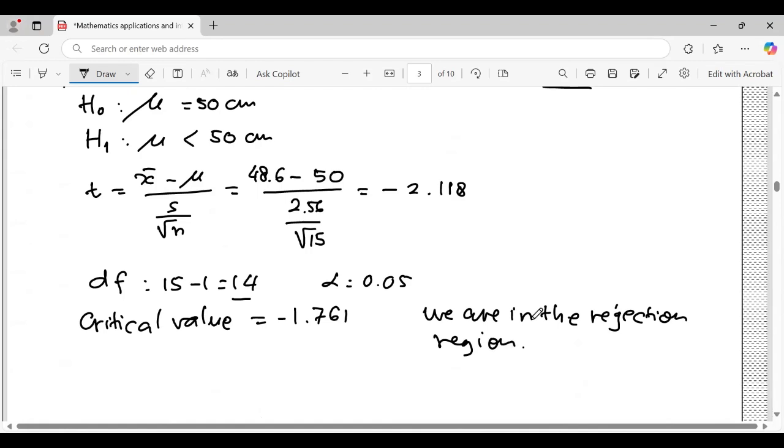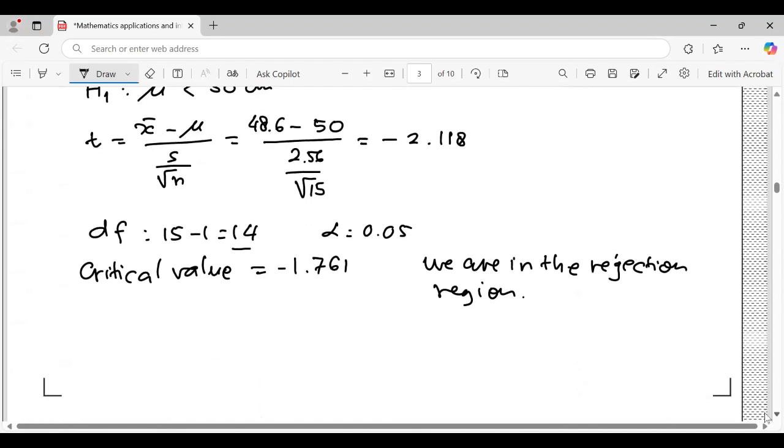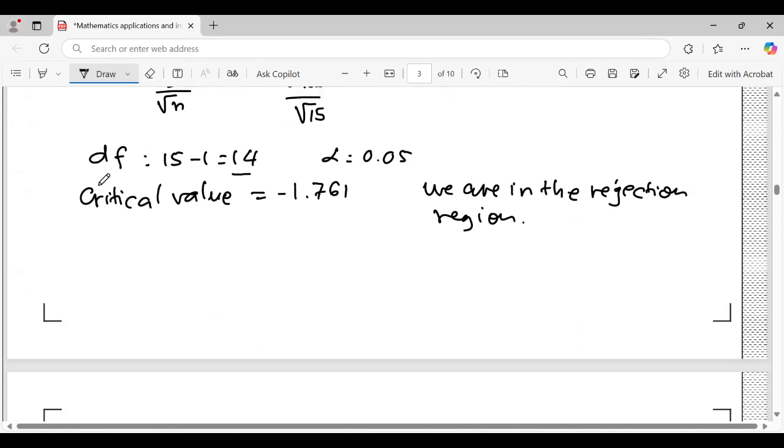Alternatively, we can calculate the p-value using the t-distribution table or calculator. The p-value equals P of t less than minus 2.118. On calculator or table, I got 0.026.